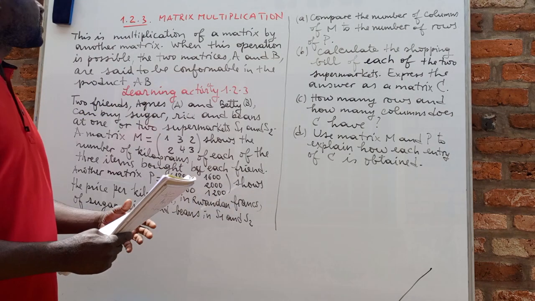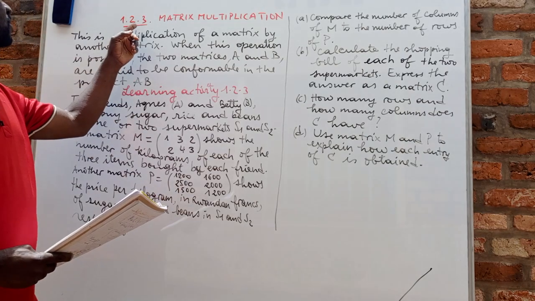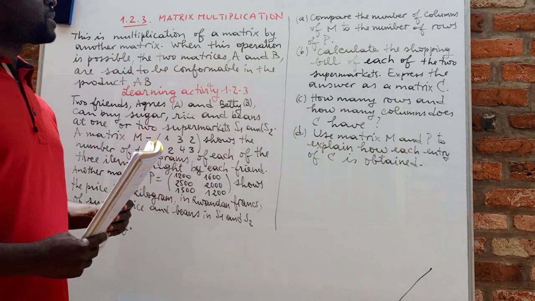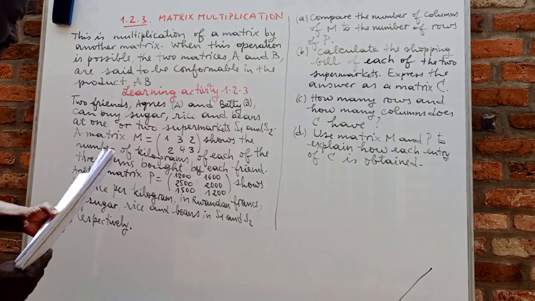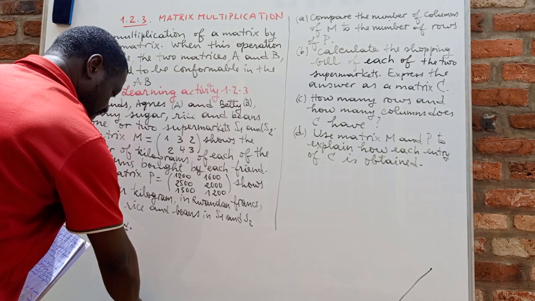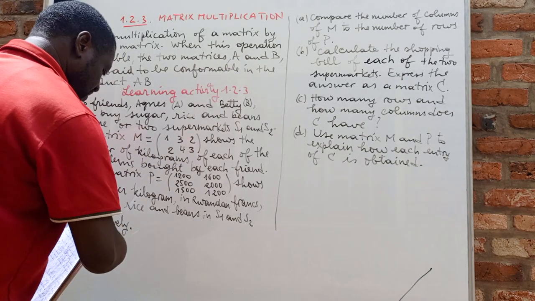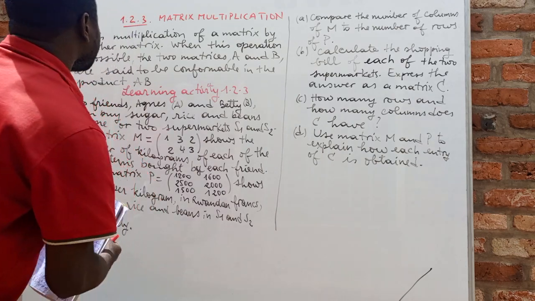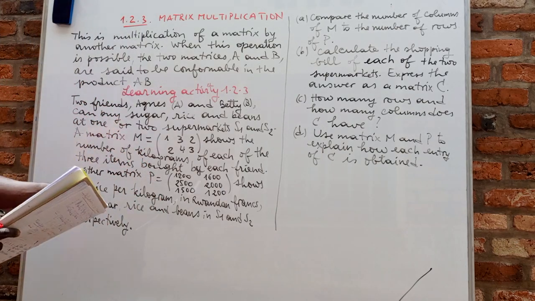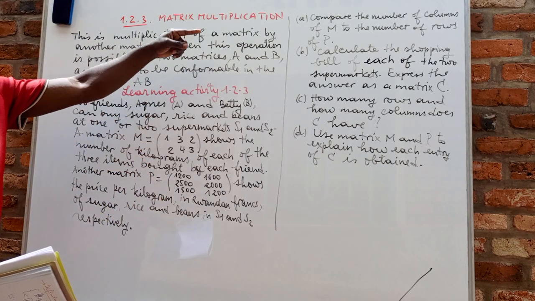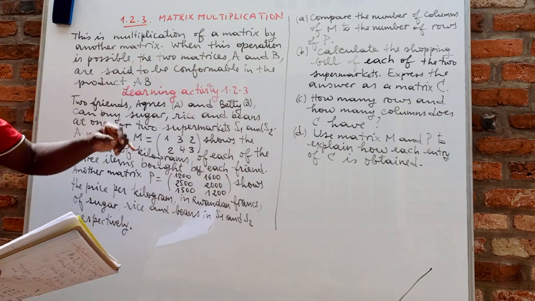Okay, so this is 1, 2, 3 matrix multiplication. Now for matrix multiplication, it is the multiplication of a matrix by another matrix.